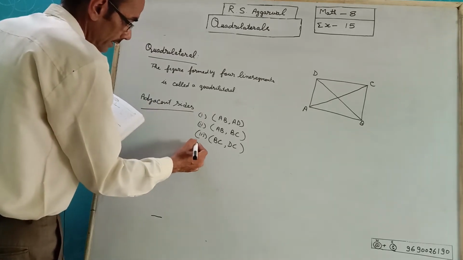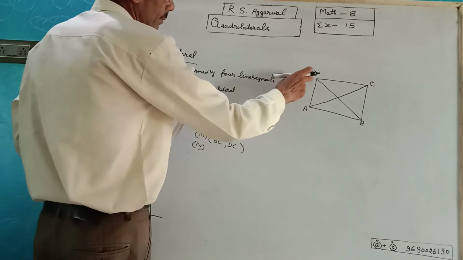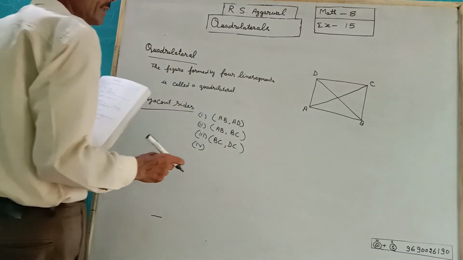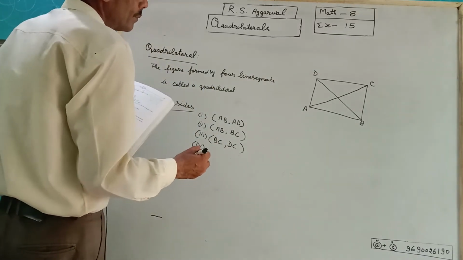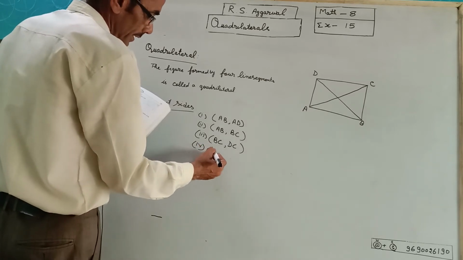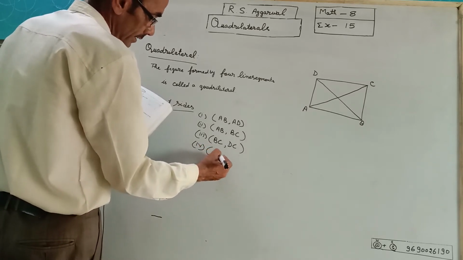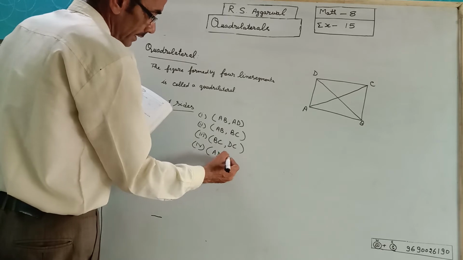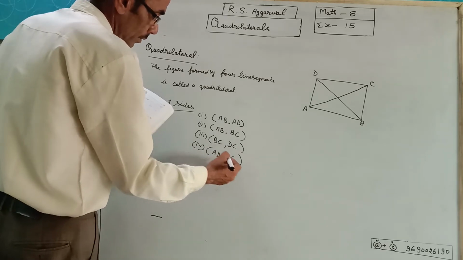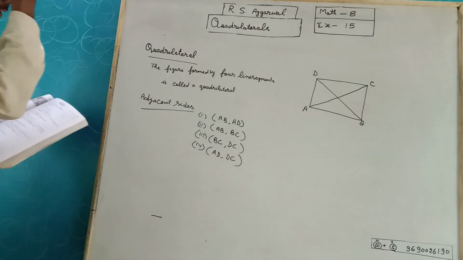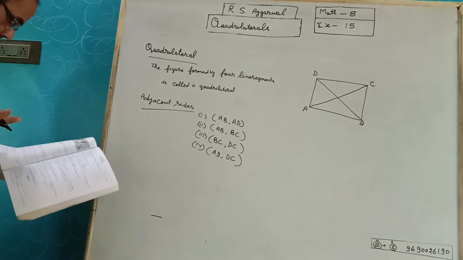Fourth pair is where they meet at vertex D, AD and DC. Both are pairs of adjacent sides.